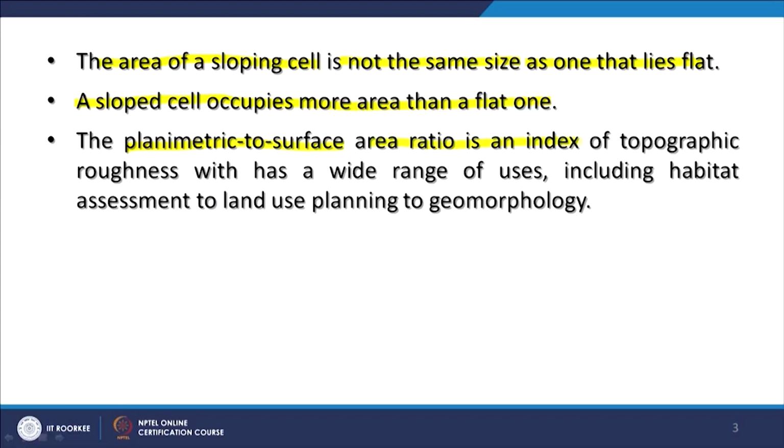The planimetric to surface area ratio is an index of topographic roughness, and this can become a very useful input for various kinds of analysis, for example in erosional studies, landslide studies, and many ecological assessments. It has a wide range of uses, and I have narrated just a few, including habitat assessment, land use planning and geomorphology.